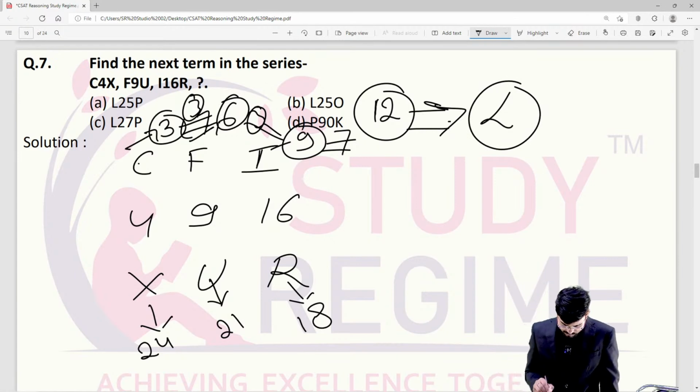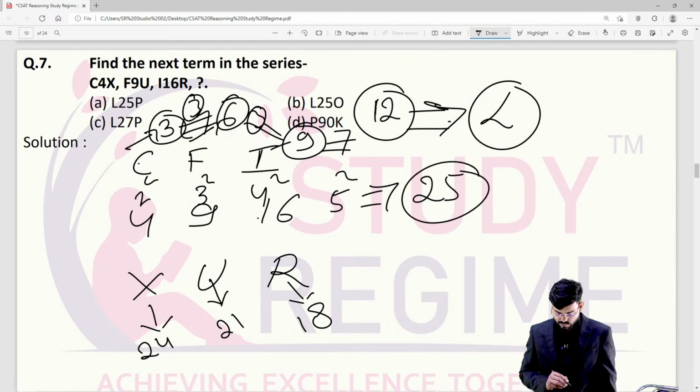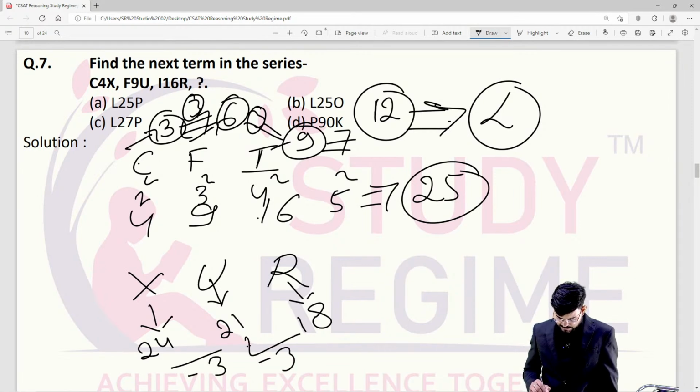Okay. Now in the second, it is the square, as everyone can see, 2 square, 3 square, 4 square, it will be 5 square, that is 25. Okay. Let us see what is going on here. It is decreasing by 3. It has to decrease by 3.